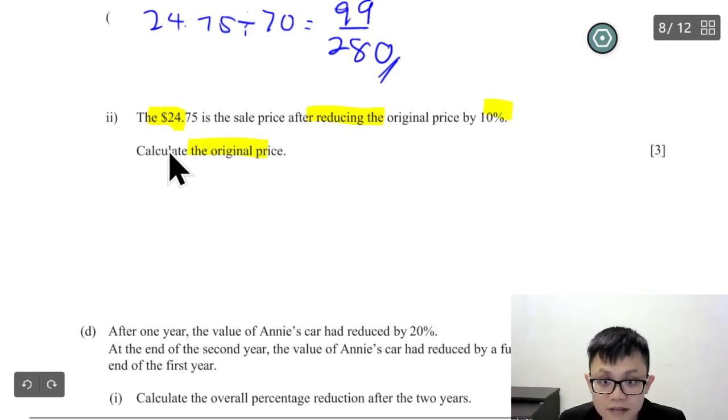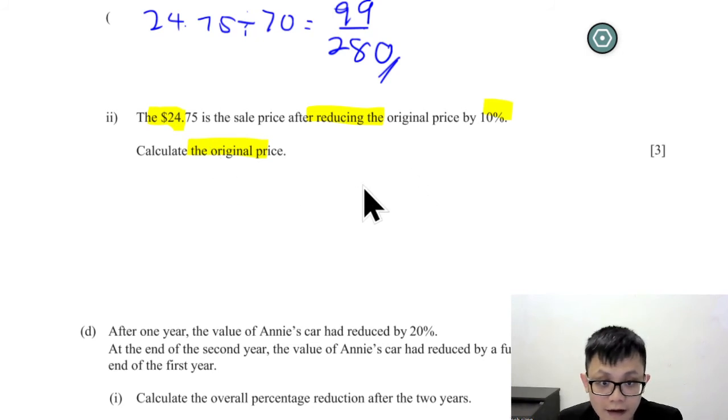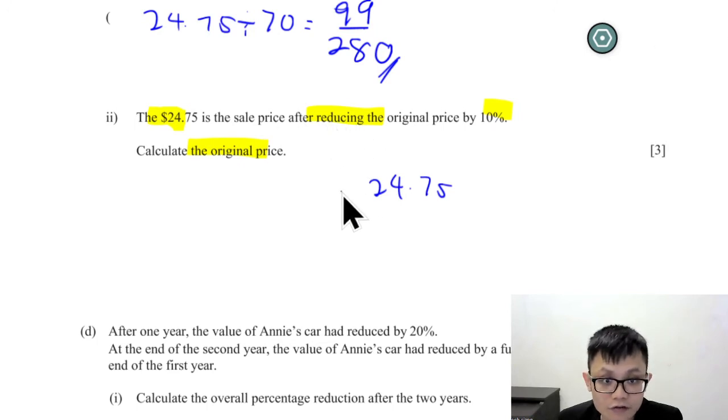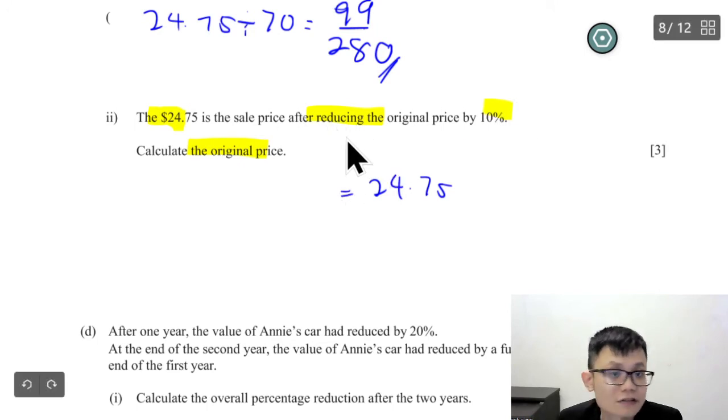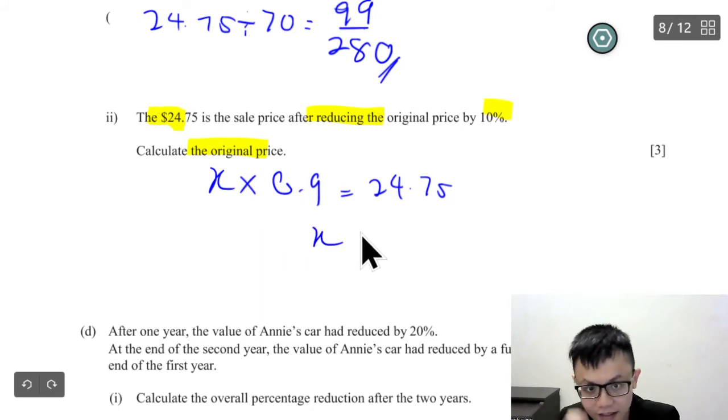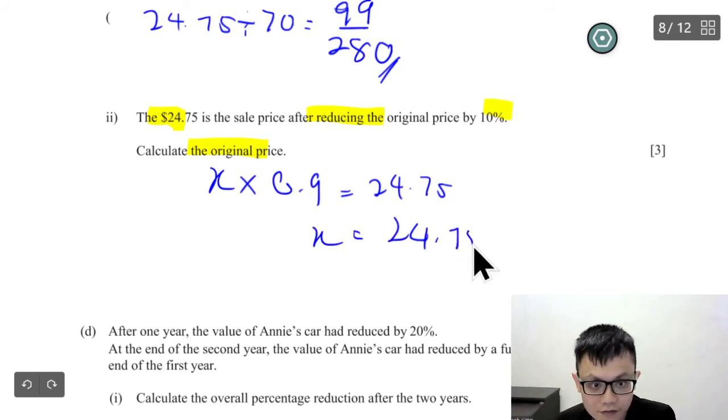So from this question, 24.75 is the sale price after reduced by 10%. So reduce 10% means something times 0.9, correct or not? Because reduce 10%. So the something I put x, okay? X times 0.9 equals to 24.75. Press your calculator, you will get 27.5.